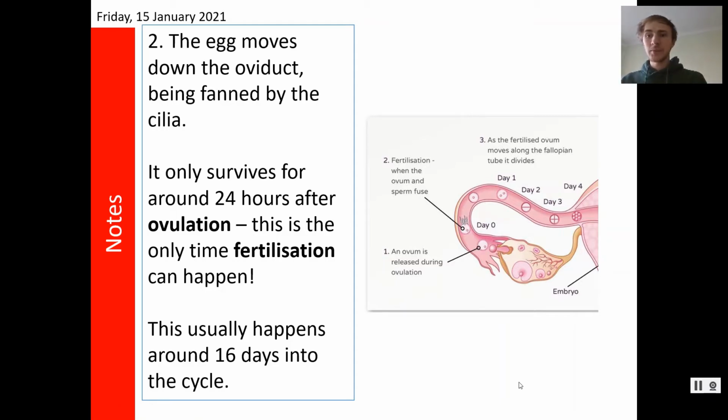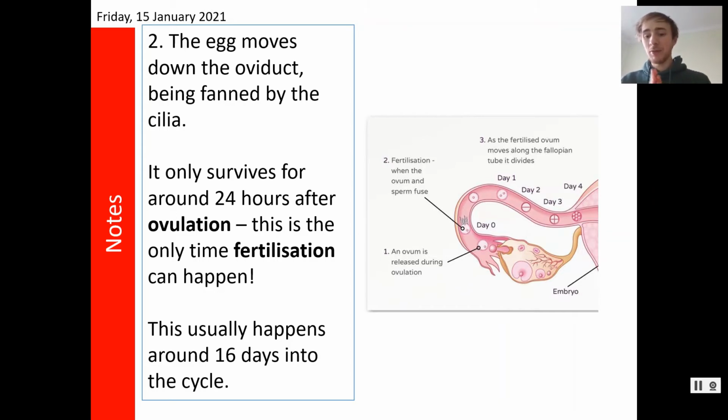Now, it takes sperm several days to move up far enough into the fallopian tube that it can actually fertilise the egg. So actually, a couple have to have had sex days before the egg is released during ovulation in order for the couple to get pregnant. However, it's very important that you're careful here. It's completely unpredictable when the egg will be released.